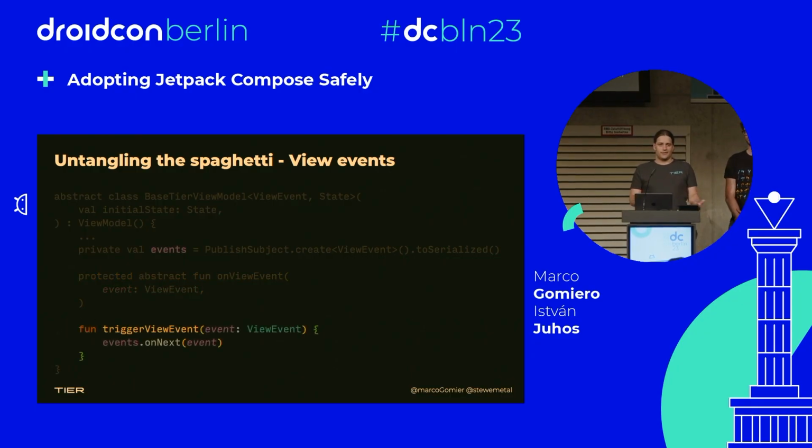And of course, the outside world from the view model's perspective has to be able to pass events into the view model. So we created this public trigger view event function that the outside world can use to pass in events to the view model.